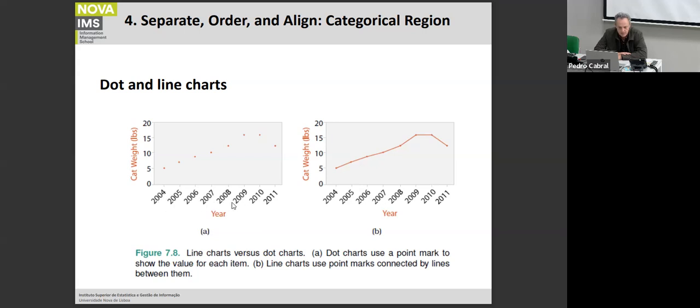Okay, years are ordered attributes. So this is not a quantity. Okay, so we are representing this against weights of cats in this case. So this is a quantitative attribute. So don't call this a scatter plot, please. This is a dot chart. And we can connect dot charts using lines, so they become line charts.